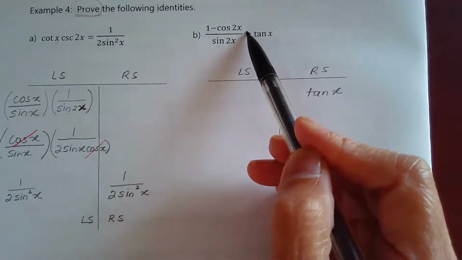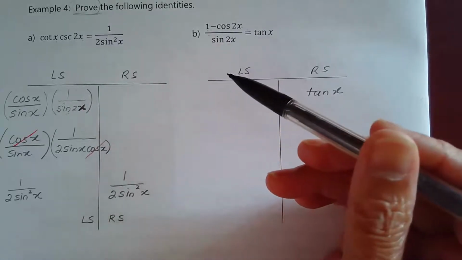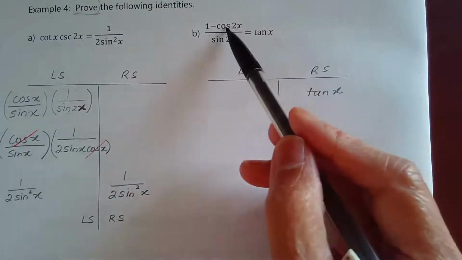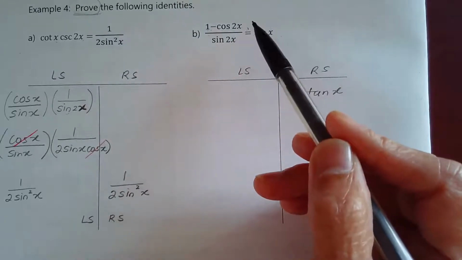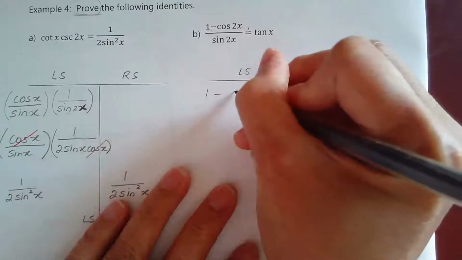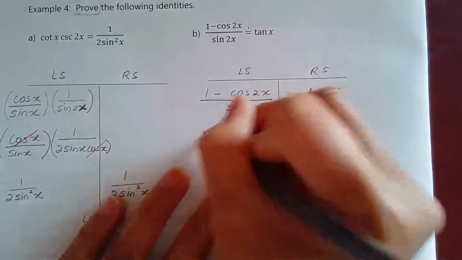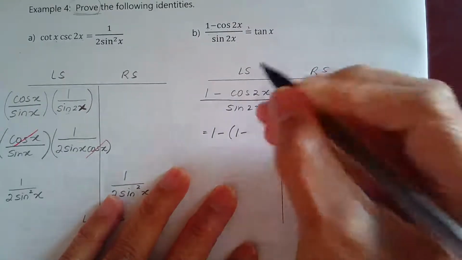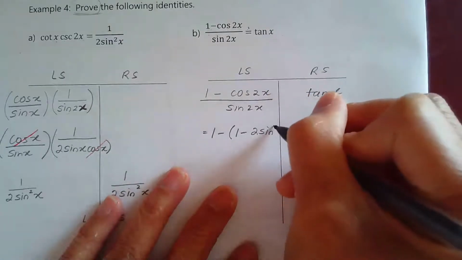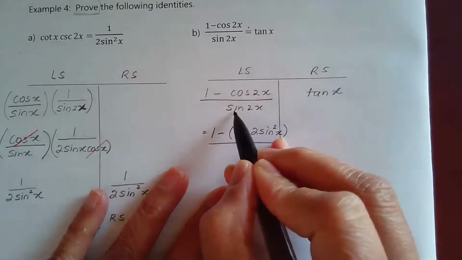Well, cos 2x, I'm going to write it as 1 minus 2 sine squared of x, divided by sine 2x.